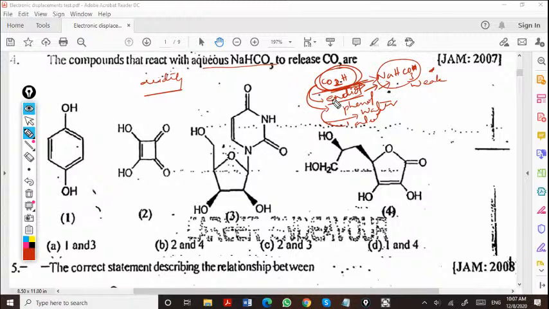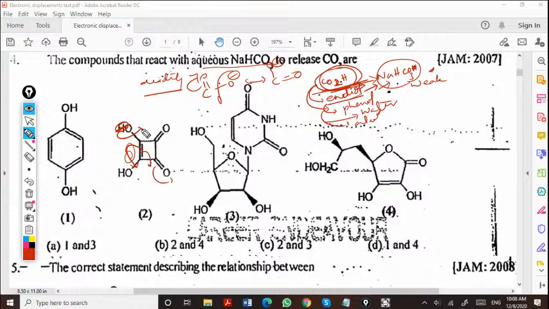Phenols are a little bit less acidic when compared to ene diols, because once the ene diol liberates H plus, the conjugate base is stabilized by equivalent conjugation, equivalent resonance. The same thing happens in the diol. If it liberates H plus, the negative charge can move towards this side.